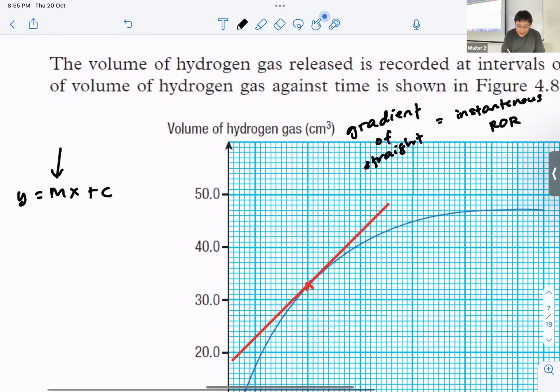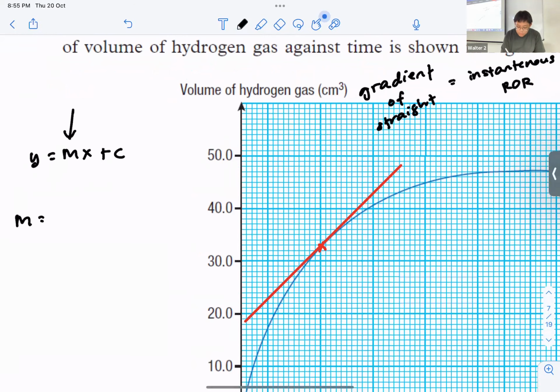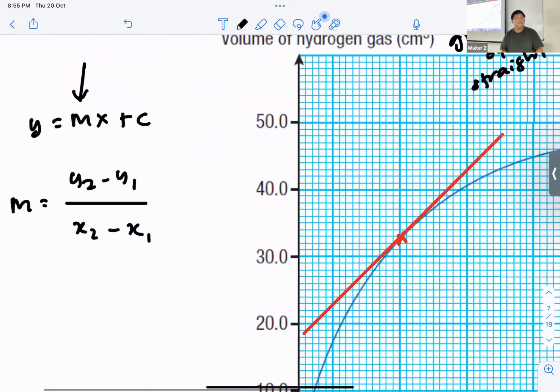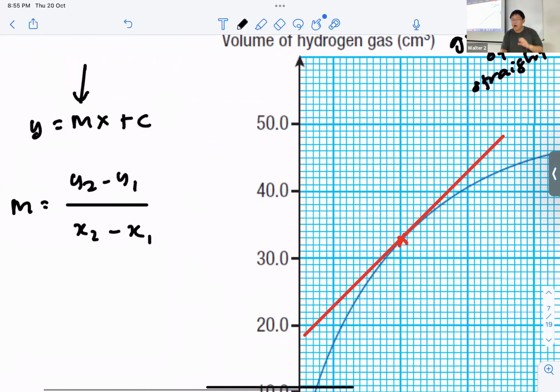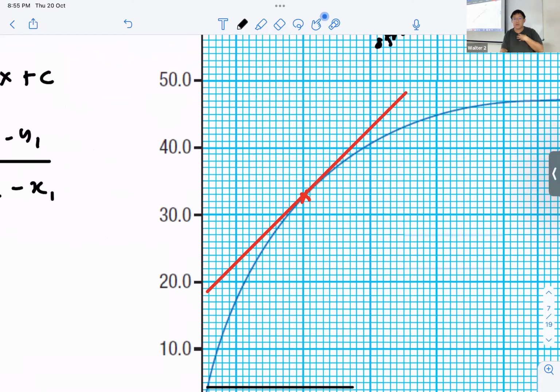Gradient m is equivalent to (y2 - y1) over (x2 - x1), where x1, y1 and x2, y2 are the coordinates of two points on a straight line. Okay, m is gradient. How do I get the two coordinates of my choice? You can pick any values you want, but they must fall on the straight line that you just drew, not the curve.